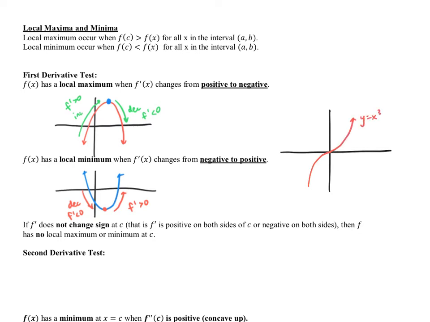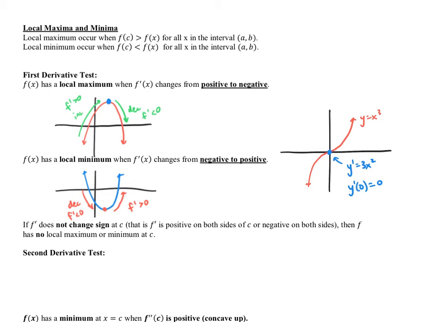This graph is increasing throughout. However, at the origin, you have a horizontal tangent, and so the derivative y prime equals 3x squared, at x equals 0 is 0, and so therefore you have a critical point there. You have a derivative that's 0.